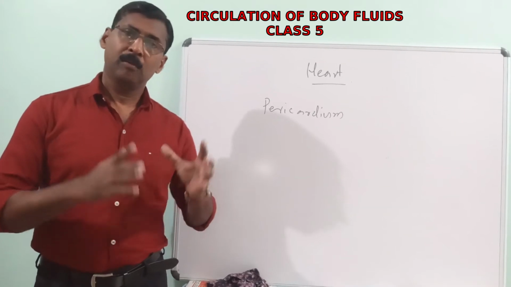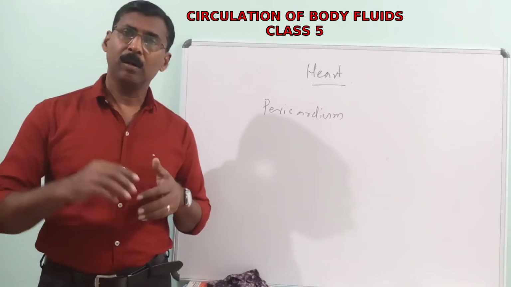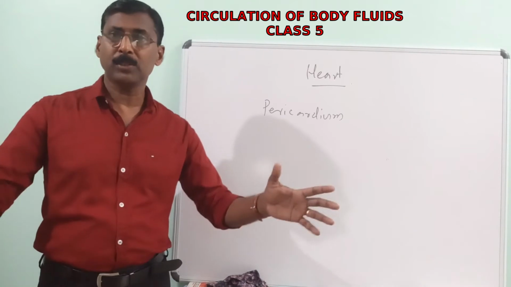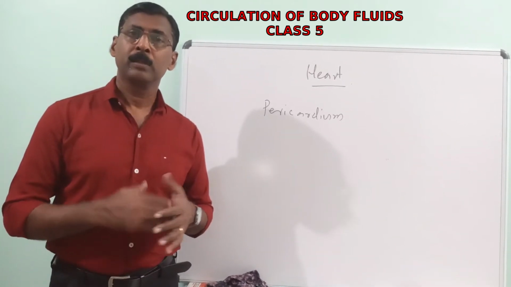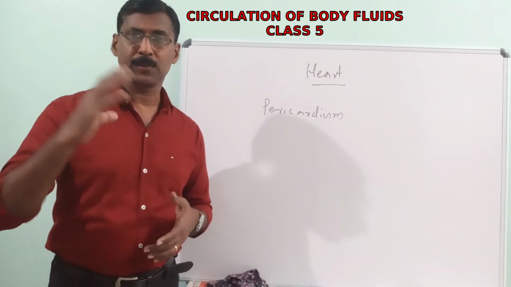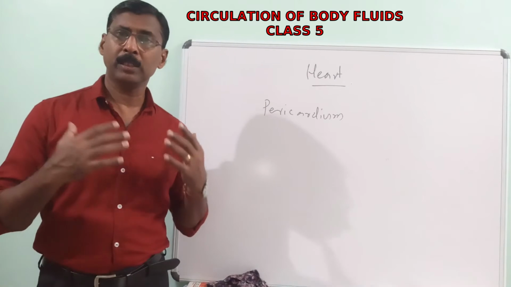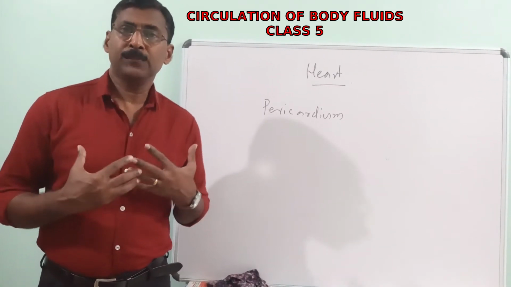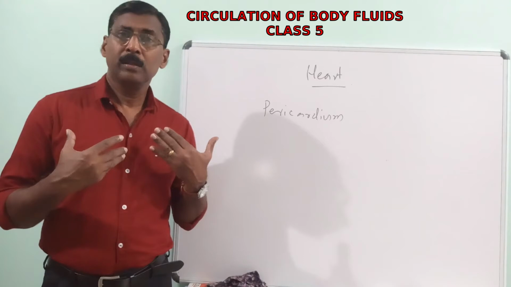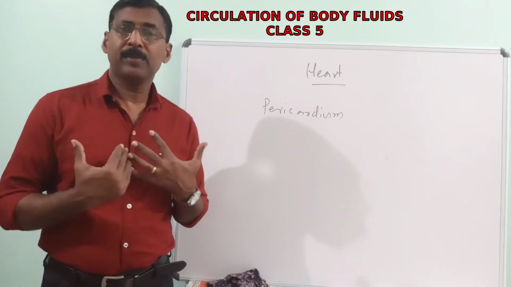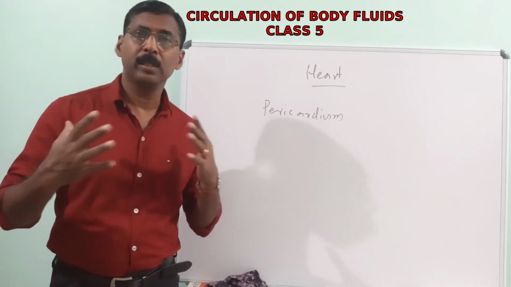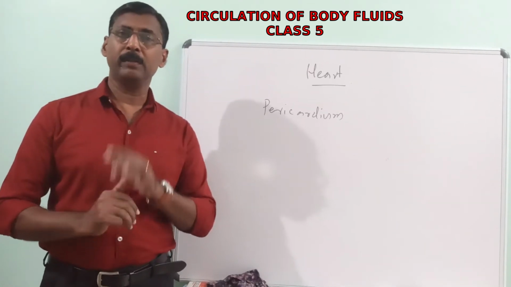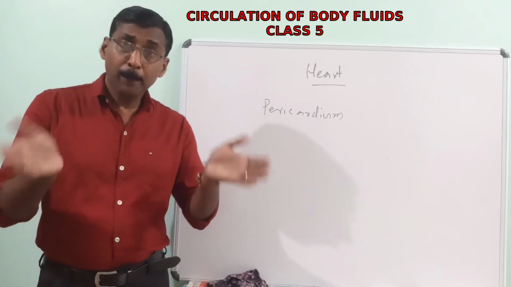One category of blood vessels takes blood away from the heart to different parts of the body. They are called arteries. So there are major arteries taking origin from the heart and taking blood away from the heart to different parts of the body. And there is another set of blood vessels which open into the heart.